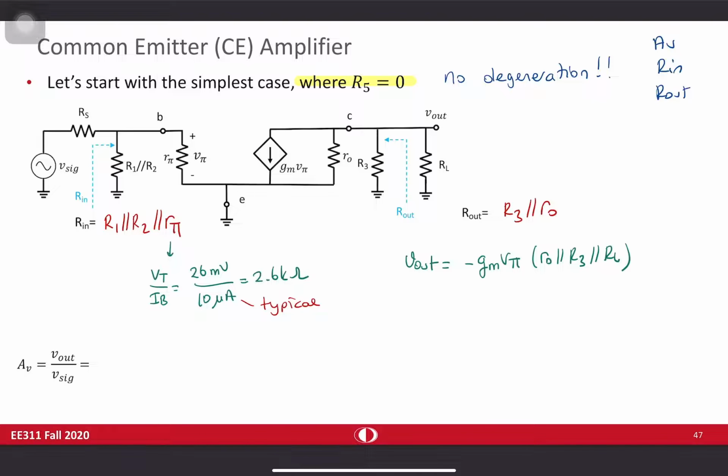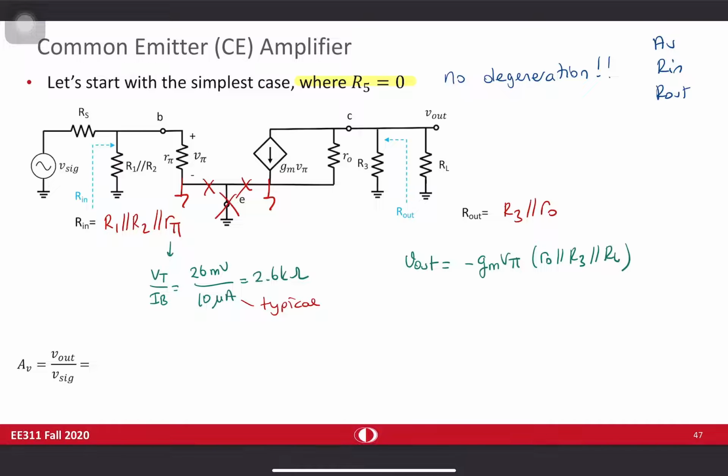Okay, now I need to find V pi. I think it's quite straightforward then. V pi is the voltage across this resistance. This node is grounded. In fact, you can separate them from each other. So the left and right circuits are independent from each other somehow.